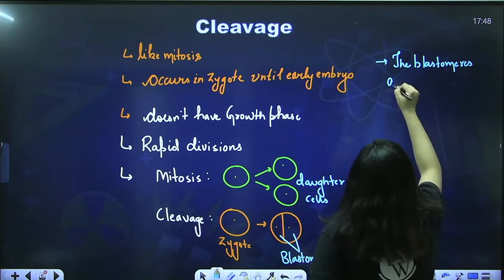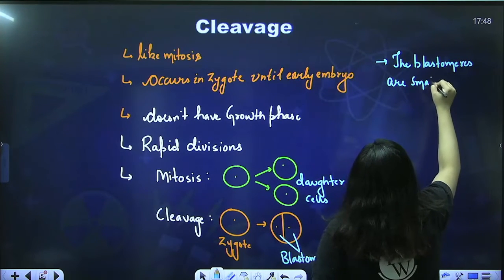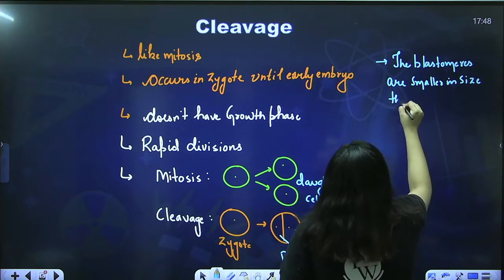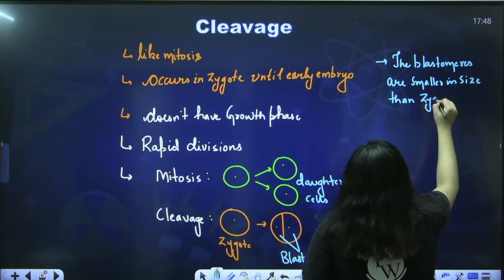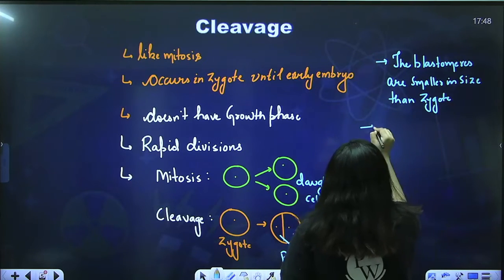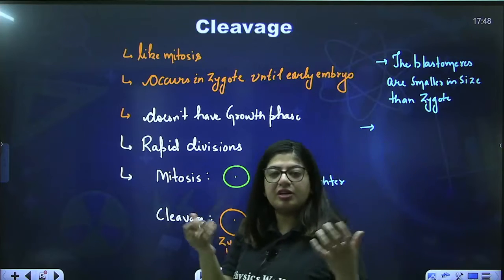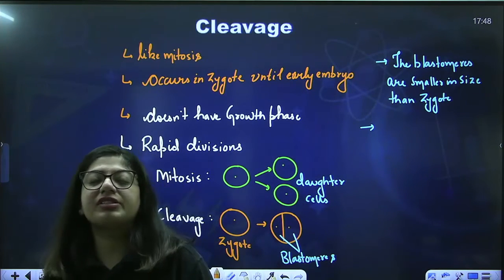So here we got to know that the blastomeres are smaller in size than the zygote. Now why is it so? Because the growth phase is absent here.